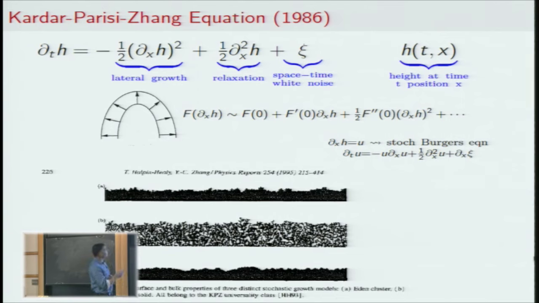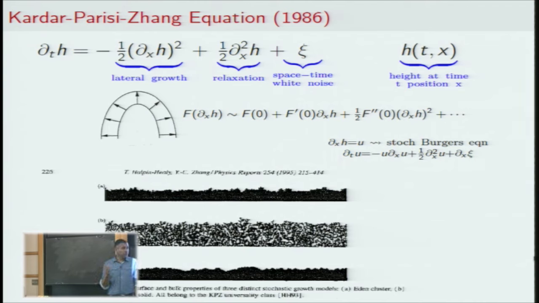I've also chosen these halves and stuff. That's not important. You could choose any number there. Doesn't make any difference. So the key thing is that things aren't just growing up and down, but they're also growing in a lateral direction. So that if the growth here is lateral, then the vertical component of the growth is some nonlinear function of the derivative. Okay? And what that nonlinear function is shouldn't matter too much.